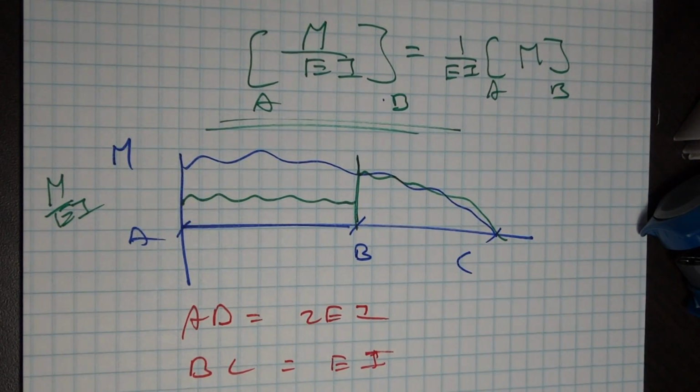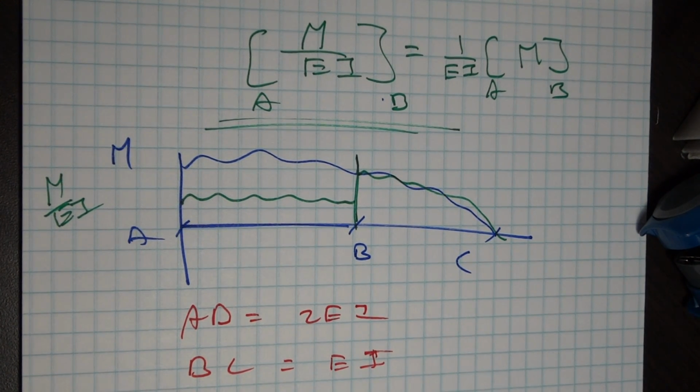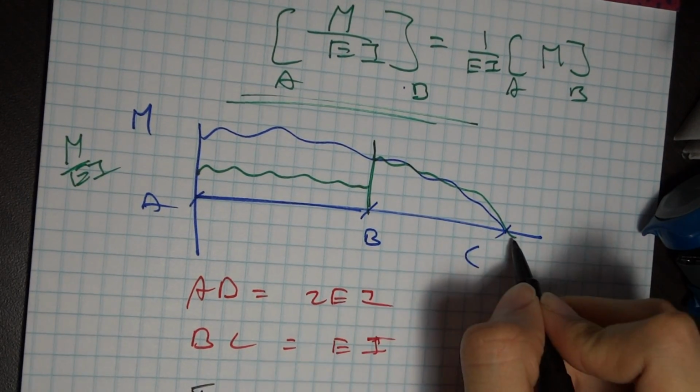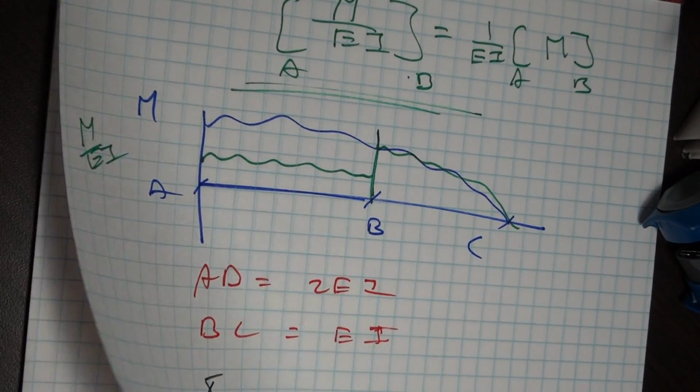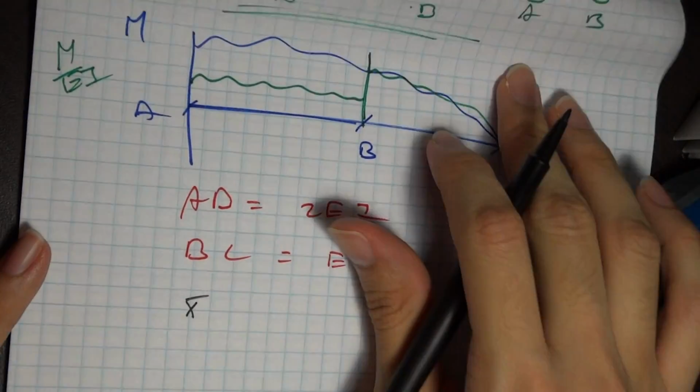So if I want to use my moment area equation again, let's say I want to use x bar. Let's say I want to find the deflection at point C, right?